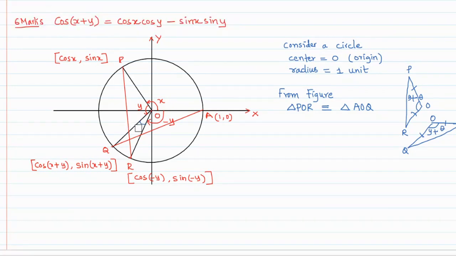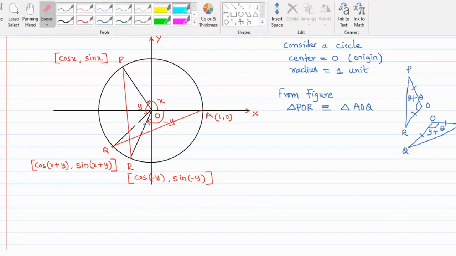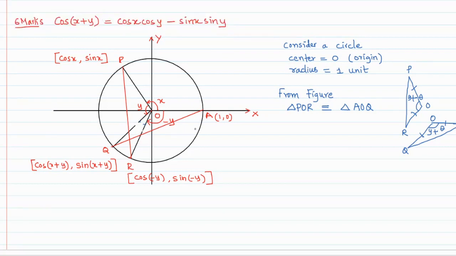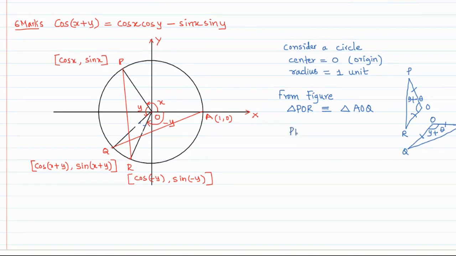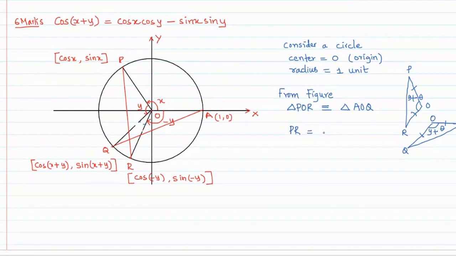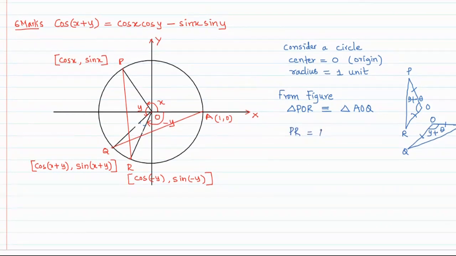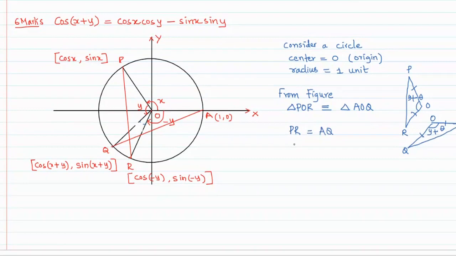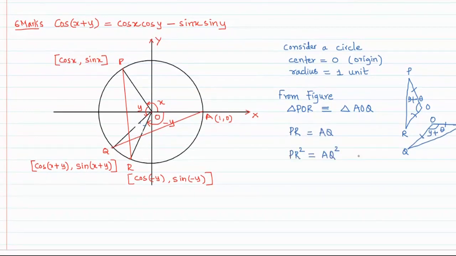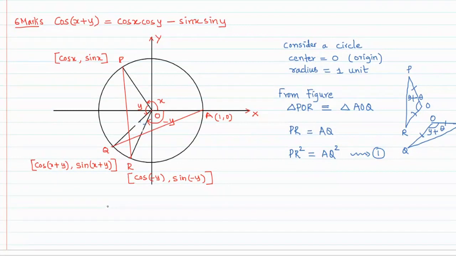Now from these two triangles, PR is equal to AQ, or PR square is equal to AQ square, equation 1. This much is clear, students.